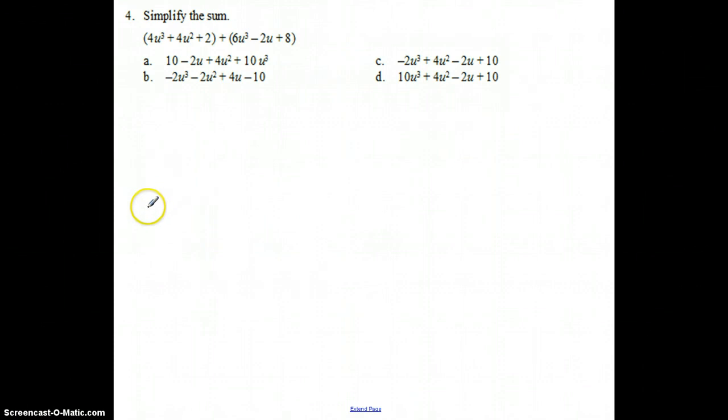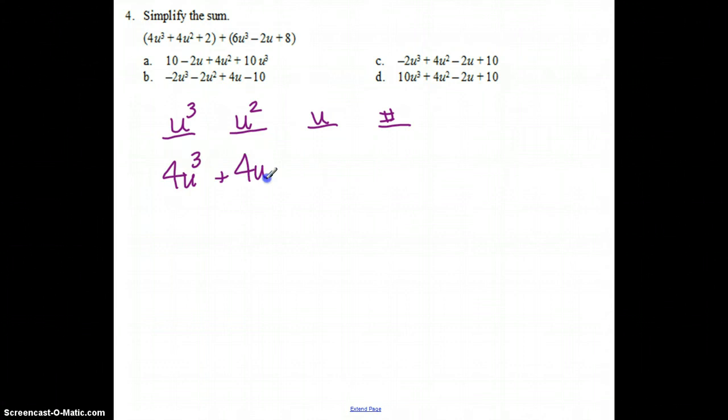Okay, in this one, they just want us to simplify the sum. So if I look at this problem, u cubed is the highest one. So if I go to do standard form, it looks like this. So 4u cubed plus 4u squared plus 2. Then 6u cubed minus 2u plus 8.